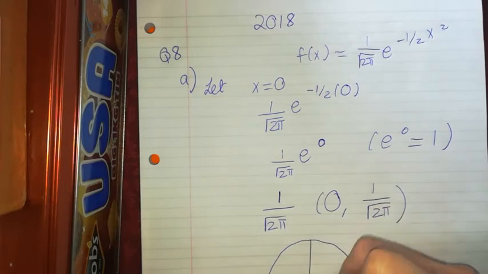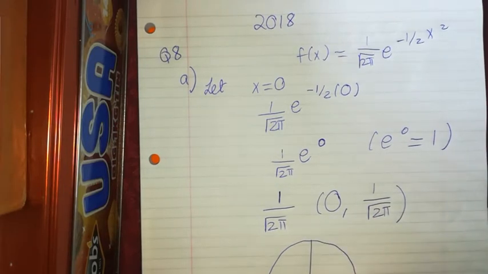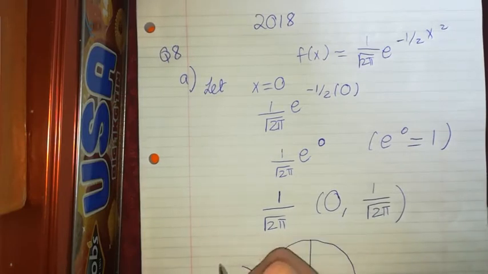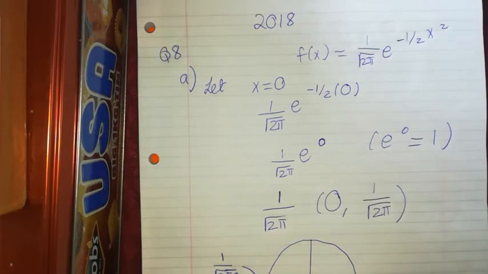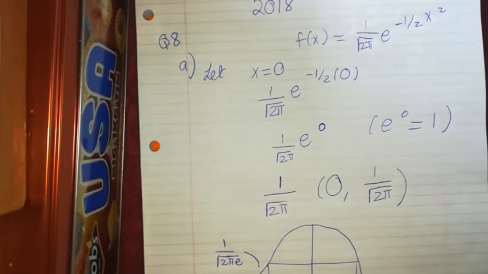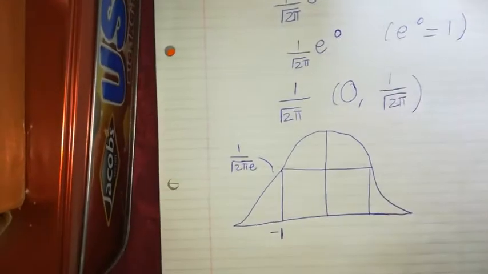We're told the coordinates of B are minus 1, so minus 1 across on our x-axis, and then 1 over root 2 pi e on our y-axis. We want to get the area of this shaded region, and we're told it's symmetric.